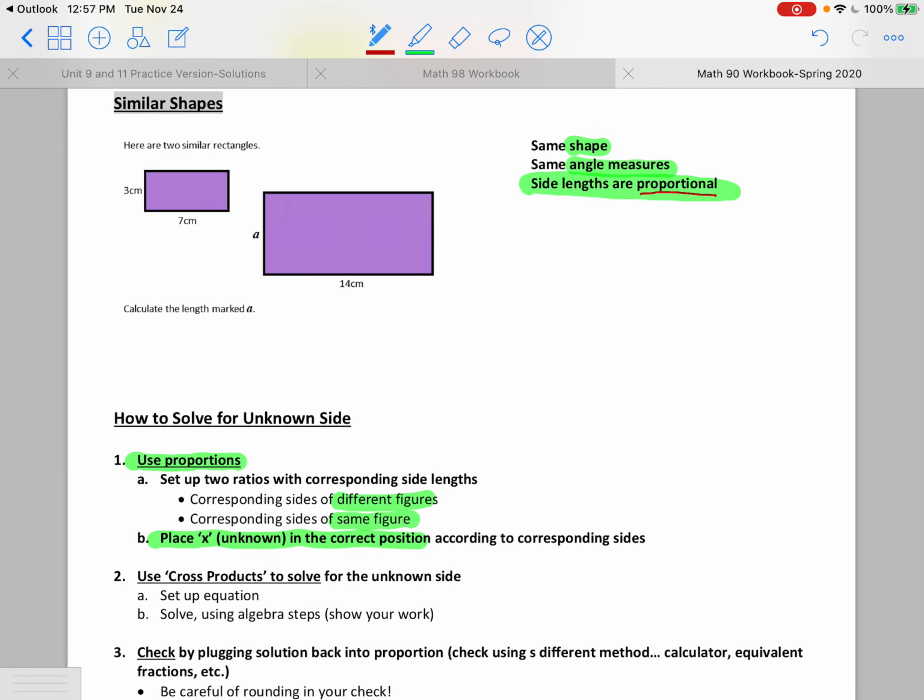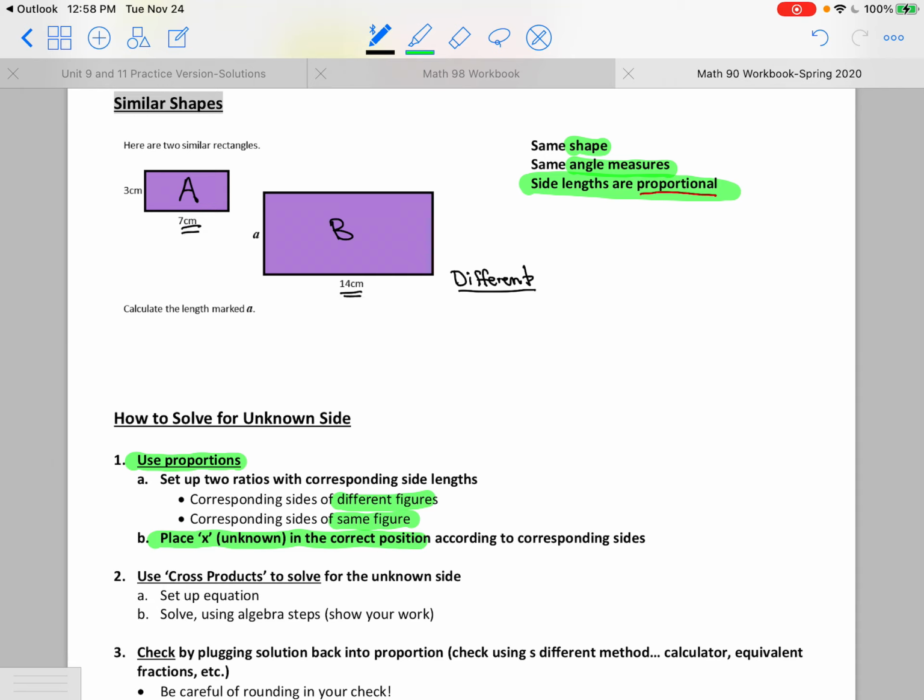Just for ease of talking about this, I'm going to call this figure A and this figure B. So one option, if we were setting up the ratios in terms of different shapes, is to set up corresponding side lengths.